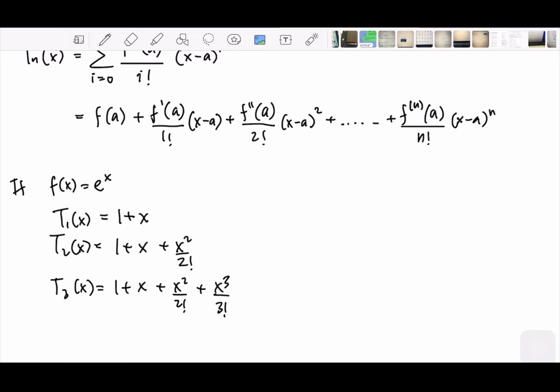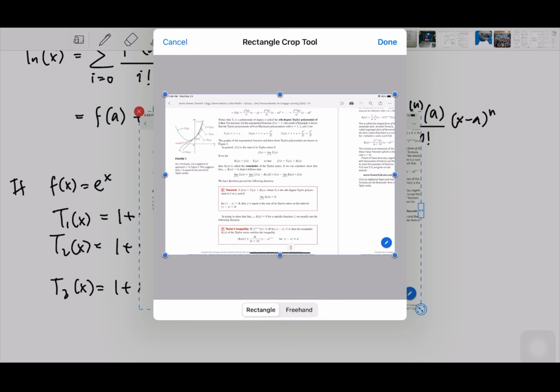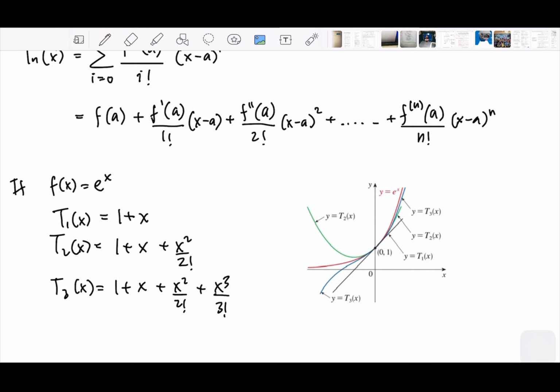Let me put the graph. So we start from this straight line, 1 plus x, okay? And then we increase the n, and it becomes T2, this green one. And T3, the blue one, is going to have the cubic. And then if we increase more, we approach e to the x here, the red one.